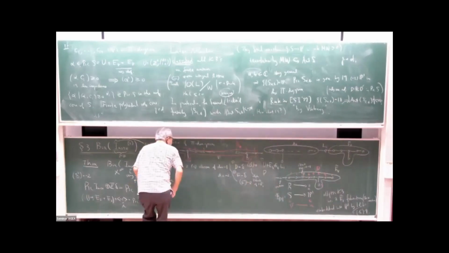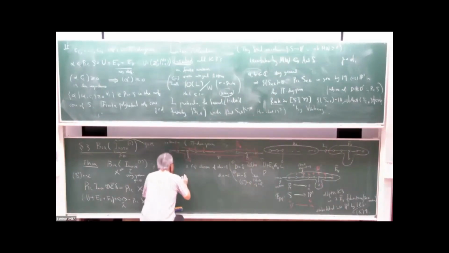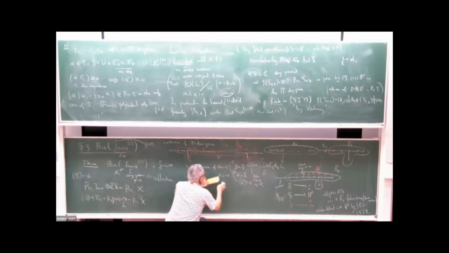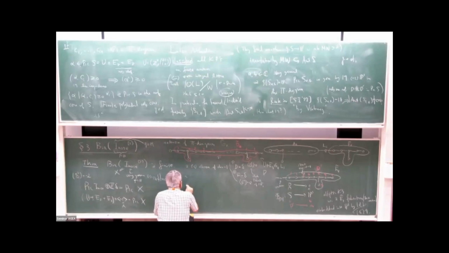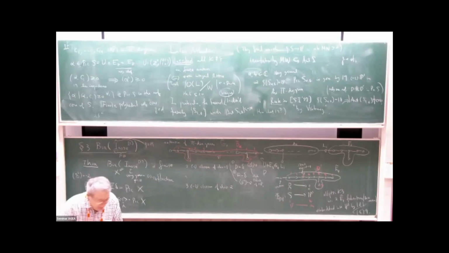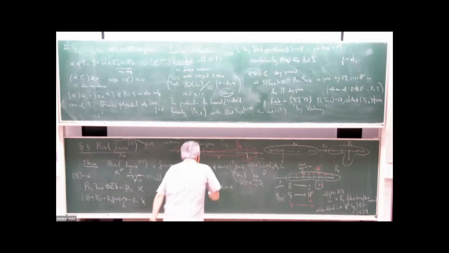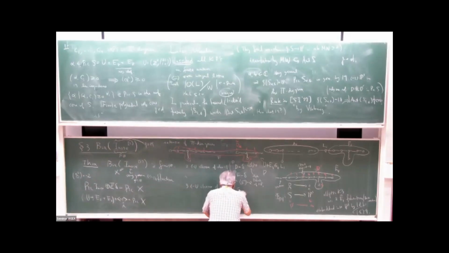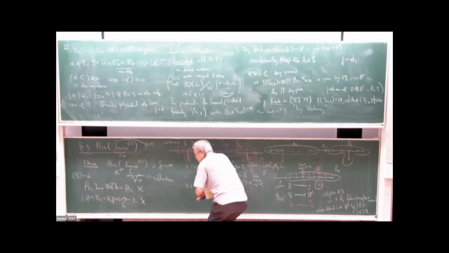And so this is divisibility 1. And also we find three minus 2 classes of divisibility 2. And of course, one is delta, the original delta, and another is here.